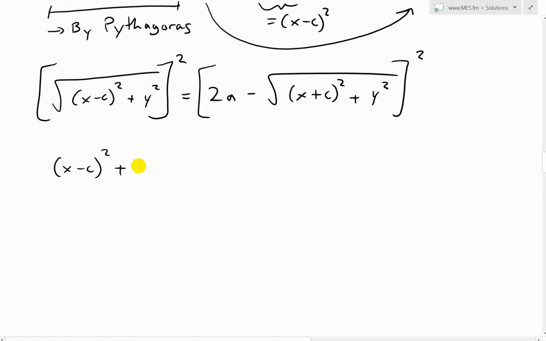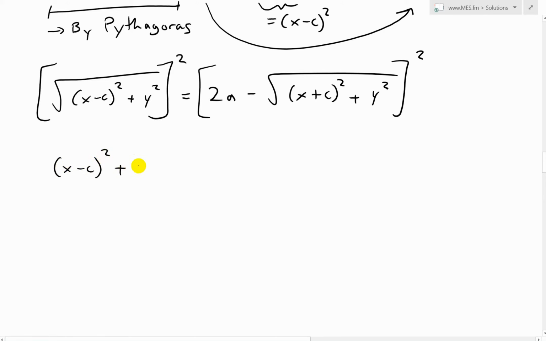Then we multiply the square root by 2a over there, which is the same thing as over here, so we can just add both, or subtract both because it's negative. So negative 4a like that, and then this multiplied by itself is going to be positive, negative times negative is positive, and the square root cancels, so we're left with x plus c squared plus y squared.